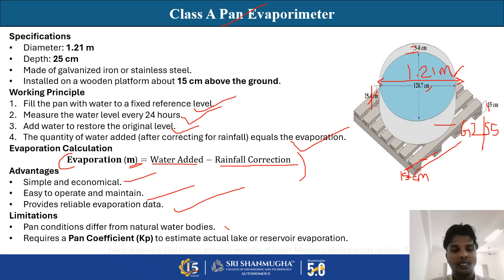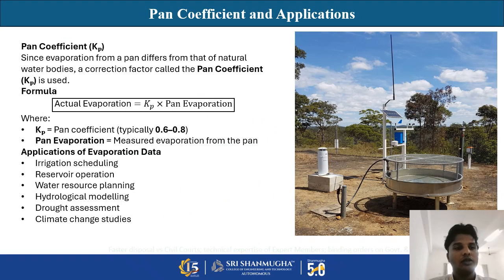Then the limitation: pan conditions differ from natural water bodies, and it requires a pan coefficient to estimate the actual evaporation. So we have to obtain the pan coefficient, and only then does this method, the Class A pan evaporimeter, give the actual evaporation. The pan coefficient is Kp.